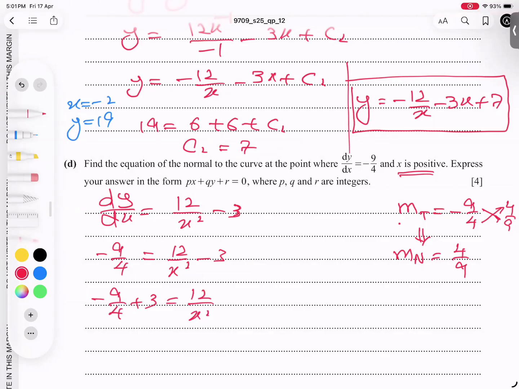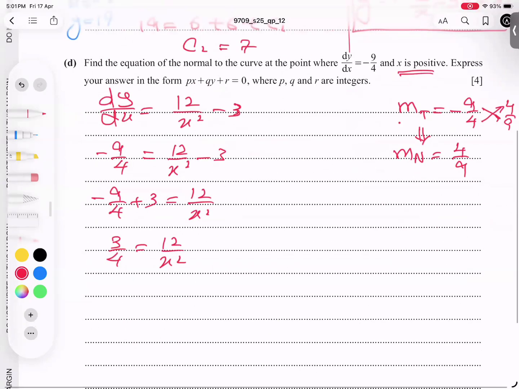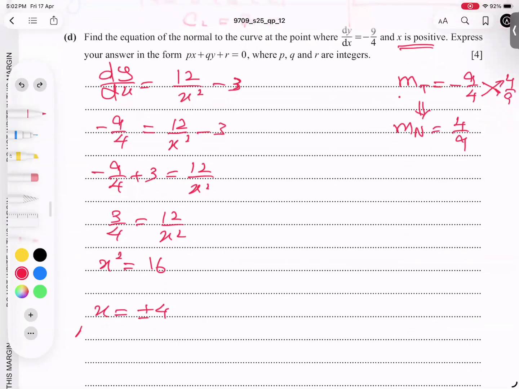So negative 9 over 4 and plus 3, we got 3 over 4 equal to 12 over x squared. Cross multiply, students, x squared is there, and 12 times 4 divided by 3, we got 16. If we take the root of both sides, plus and minus 4, but he said x is positive. So we take x more than 0, so I must take 4.